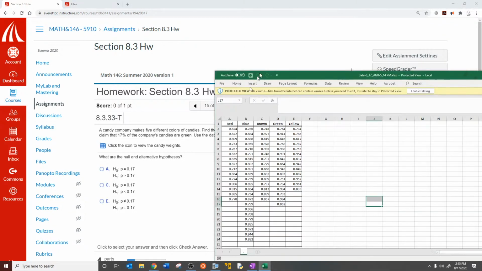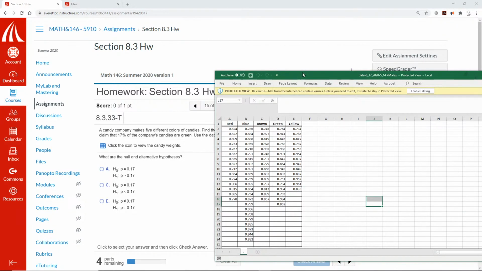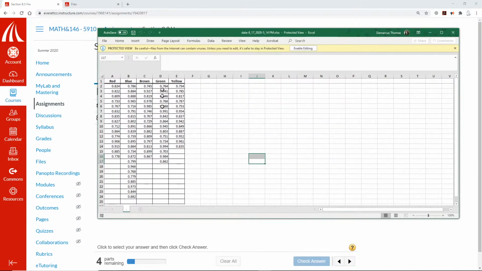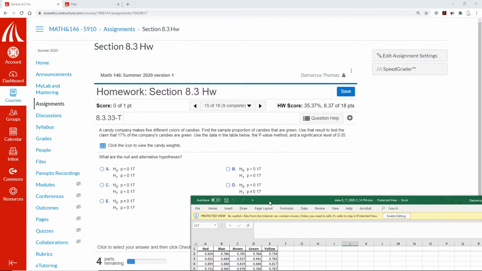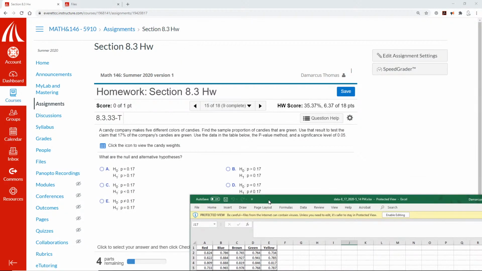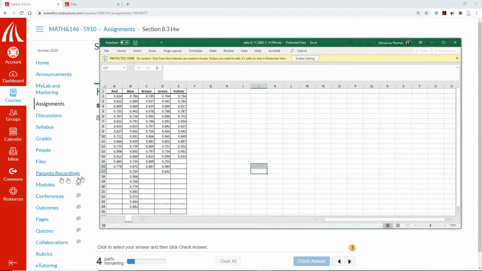What I can do is say, well, there's 16 greens, so it starts at 2. So 16 greens out of the total number of candies that we're sampling. So we'd add them all up: 15 plus 23 plus 15 plus 16 plus 14.